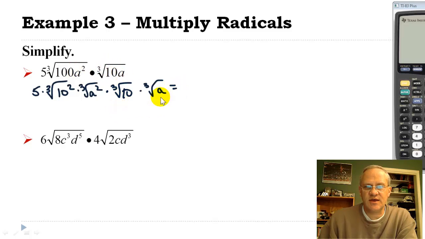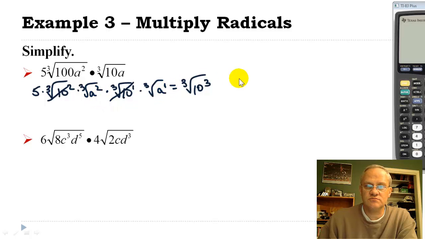And an interesting thing that happens here that makes this pretty simple, you've got the cubed root of 10 squared and the cubed root of 10 to the first, which gives you what? The cubed root of 10 to the third when you combine these two here. And you notice those are going to cancel. And then you've got the cubed root of a squared and the cubed root of a to the first.